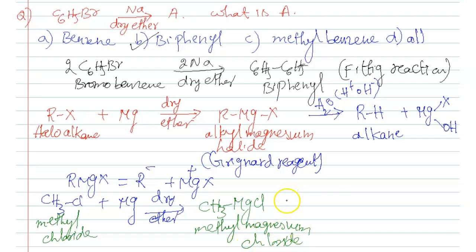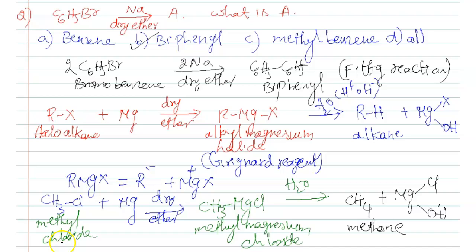So methyl magnesium chloride reacts with water and forms? Tell me the answer, students. CH3 reacts with the hydrogen, forms CH4, and the MgCl attaches with OH. So here we got methane as the main product. So methyl chloride gives methane, ethyl chloride gives ethane. So this is the Grignard reagent reaction with magnesium.